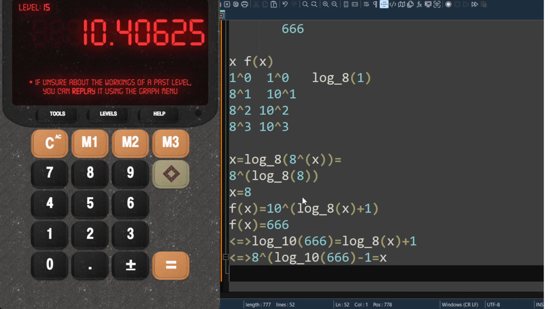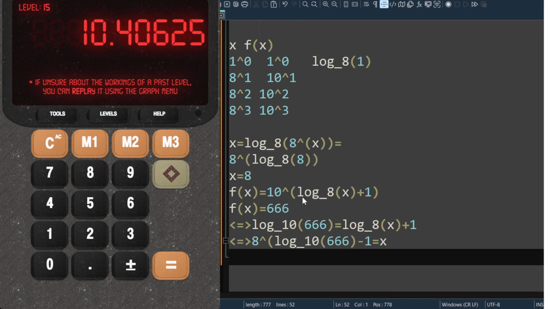So the idea that comes next would be expressing 666 as a number x plus a number k times 64 plus a number k times 2 plus a number L times 8. That should be the equation.